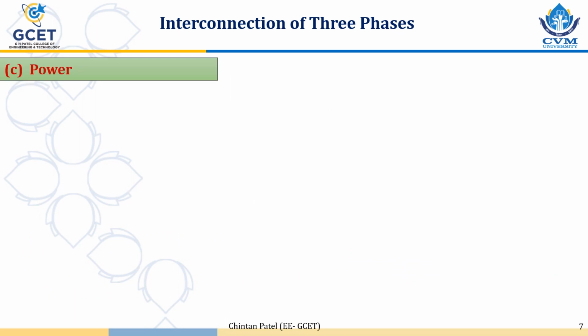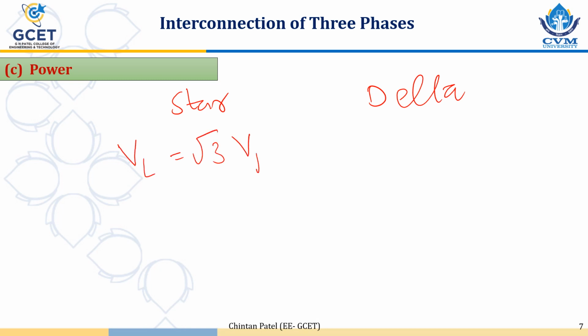If we compare this relationship of star connection with delta connection, three-phase star and three-phase delta connection, then in three-phase star connection, VL is equal to root 3 V phase, whereas in delta connection, VL is equal to V phase.